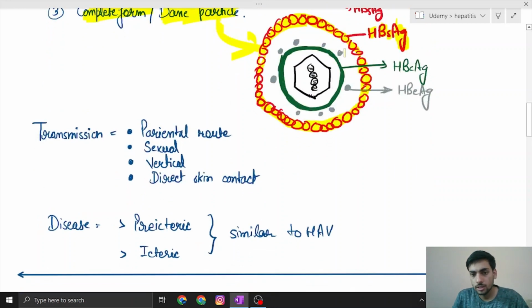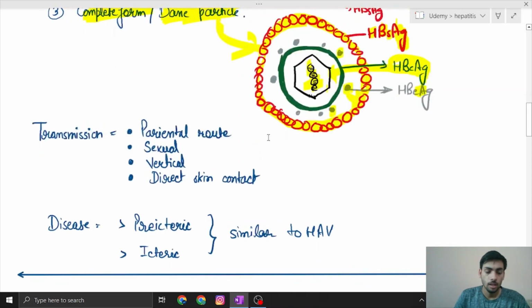Then just inside is HBeAg, the envelope antigen, which helps in the maintenance of this HBsAg and also the synthesis of the envelope. What I have shown here in green is the HBc antigen, the hepatitis B core antigen, which helps in maintaining everything toward the inside of the cell, including the capsid. Of course the capsid is here, and here is its genome.